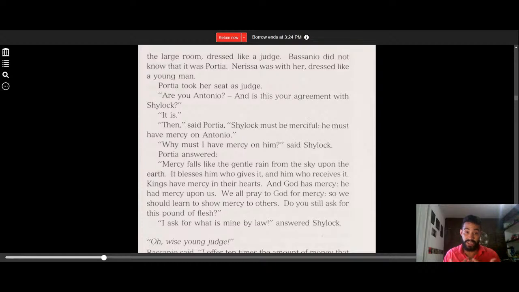It blesses him who gives it, and him who receives it. Kings have mercy in their hearts, and God has mercy. He had mercy upon us. We all pray to God for mercy. So we should learn to show mercy to others. Do you still ask for this pound of flesh?" "I ask for what is mine by law," answered Shylock.